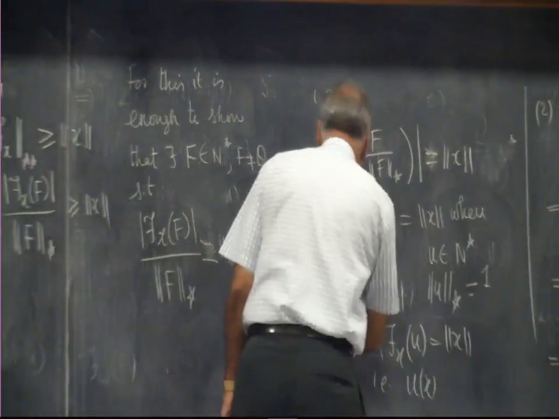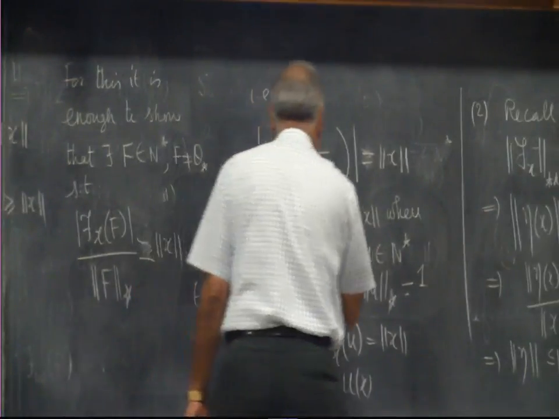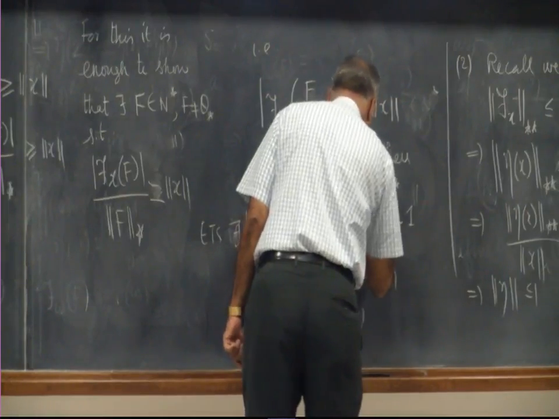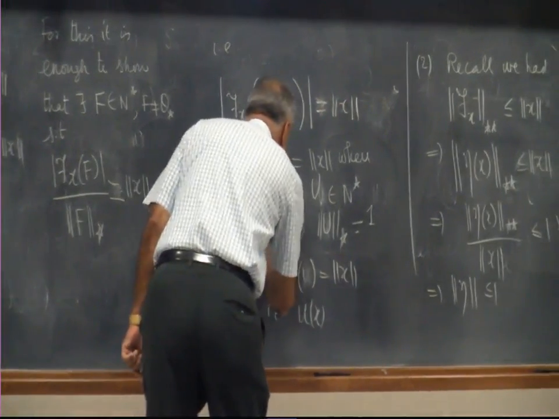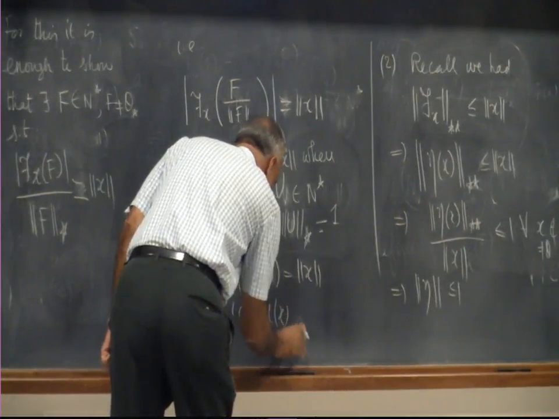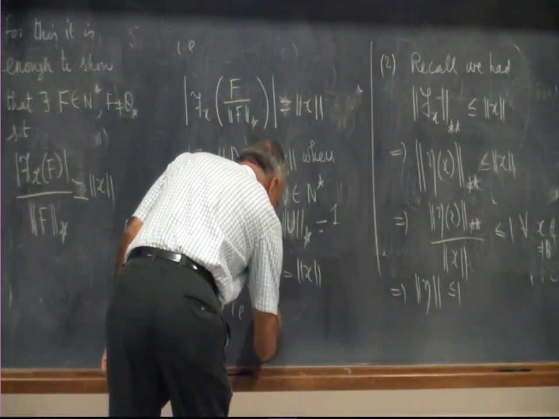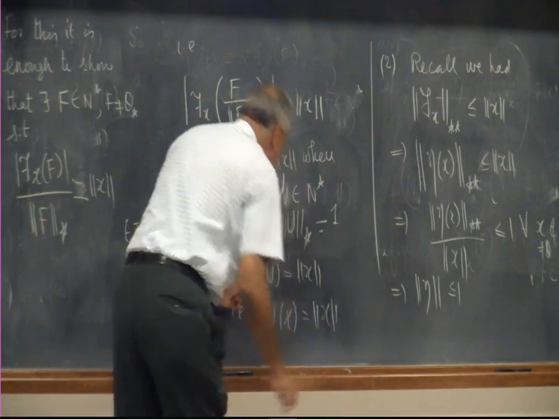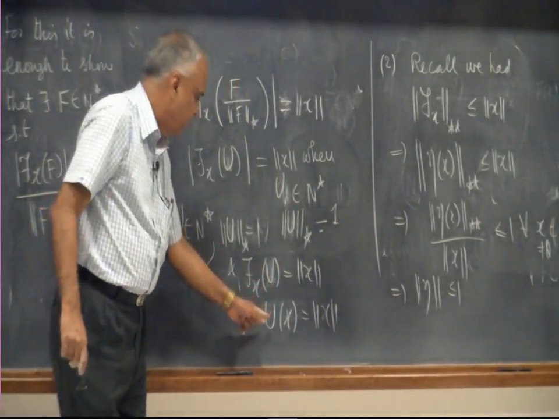Well, let me put a capital U, because I denoted all these things by capital letters. So Fx of U, this star norm, and this is U of x, equal to norm x, because Fx of f is f of x.